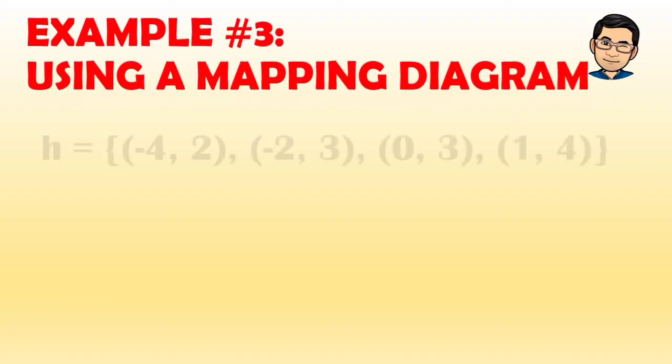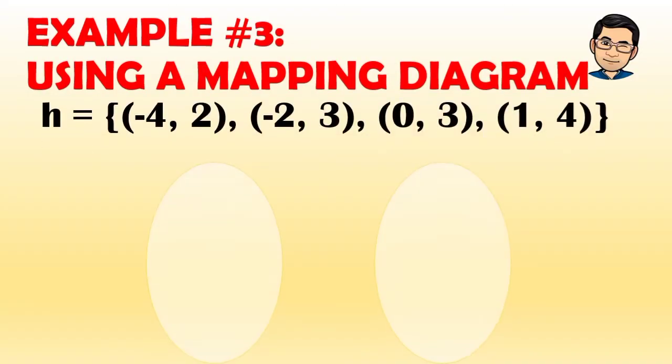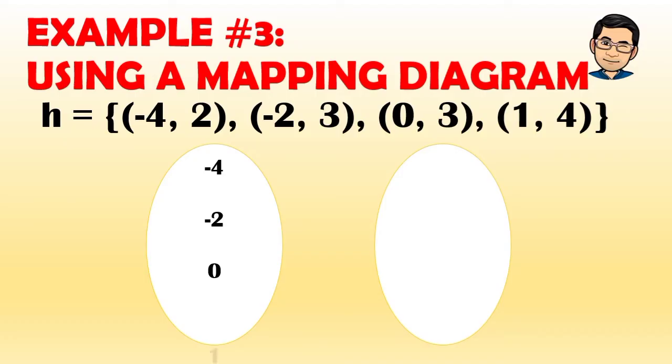Using a mapping diagram. So, sa left side natin, yung mga x values natin, negative 4, negative 2, 0, and then 1. On the right side, our y values 2, 3, and 4. So, kung kanina sa previous example natin, yung x values natin may tatlo lang na isinulat.